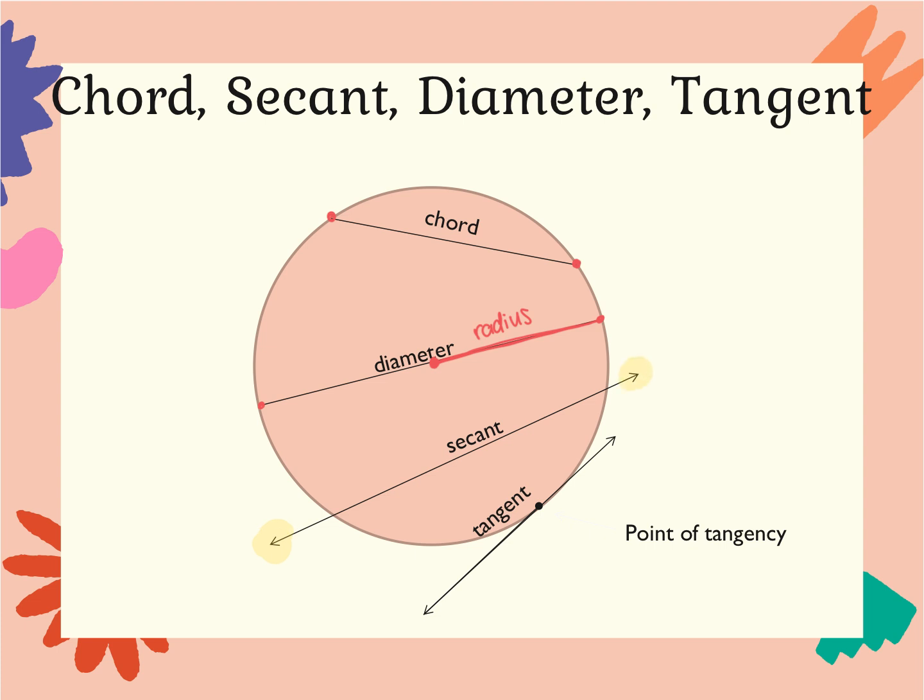It's continuing. Your tangent is also a line. Your tangent only intersects at 1 point, and that point is called your point of tangency. So a secant passes through your circle at 2 points, while your tangent passes through at exactly 1 point, and that point is called your point of tangency.